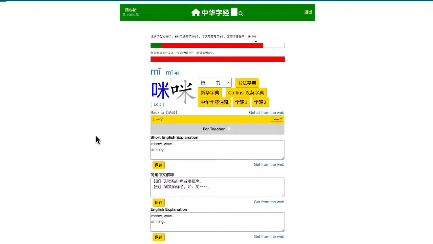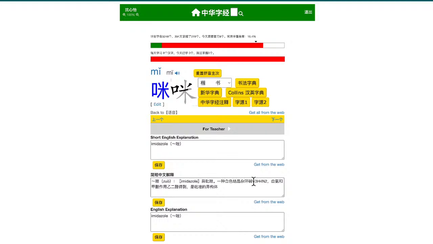Now this has another sound, mǐ. This is used in chemistry, for example, 咪唑. 咪唑 is imidazole. I don't even know what it is, imidazole. So basically, it's a chemical compound.